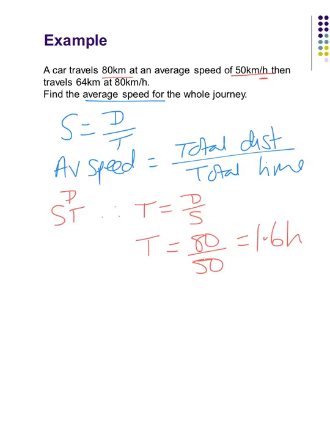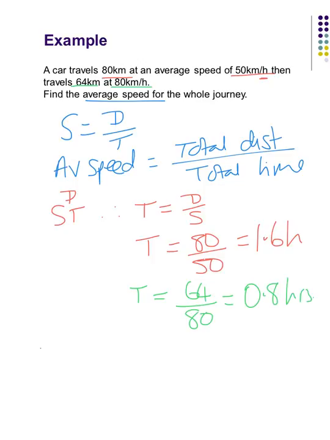And for the second part of the journey, he travels 64 kilometres at 80 kilometres per hour. So the time taken for that is going to be the distance travelled, 64, over the faster speed of 80. So we'll have 64 divided by 80, which will give us 0.8 hours.